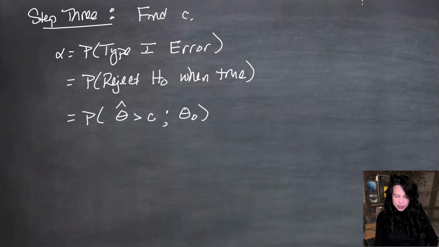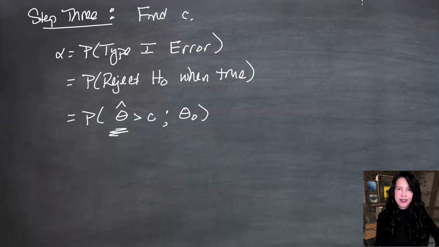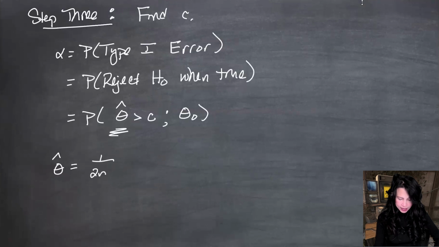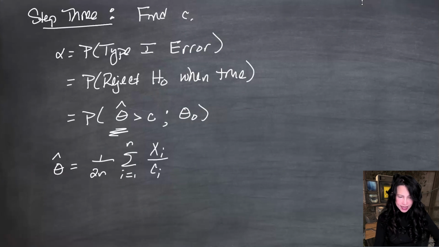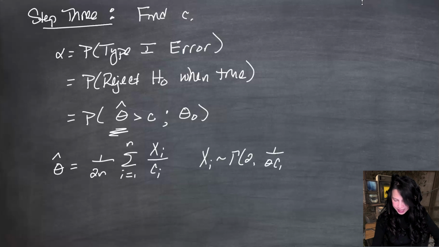So let's look into the distribution of this thing. The theta hat, recall again, is 1 over 2n, the sum, as i goes from 1 to n, of Xi over Ci, and Xi has a gamma distribution with parameters 2 and 1 over theta Ci.